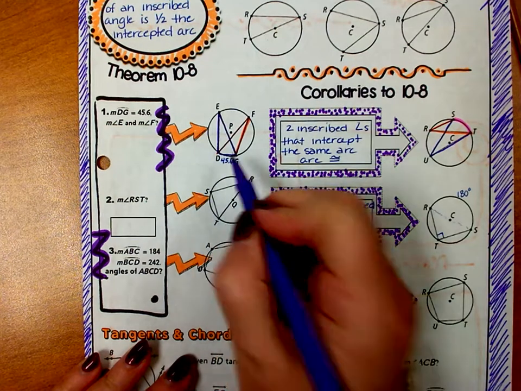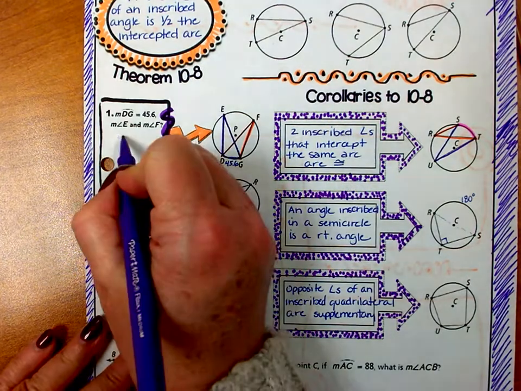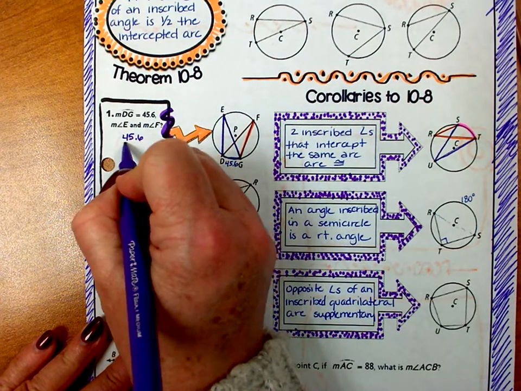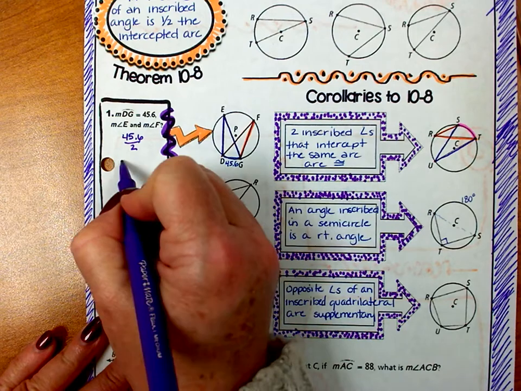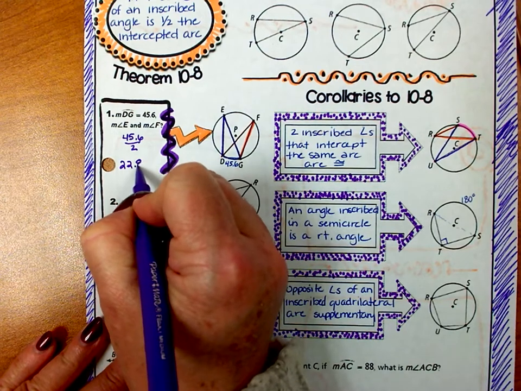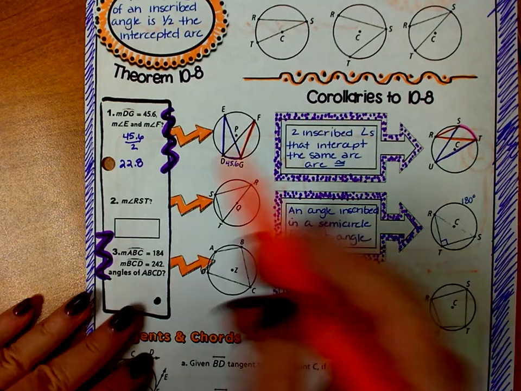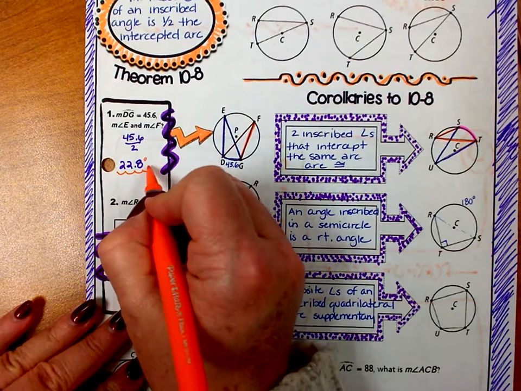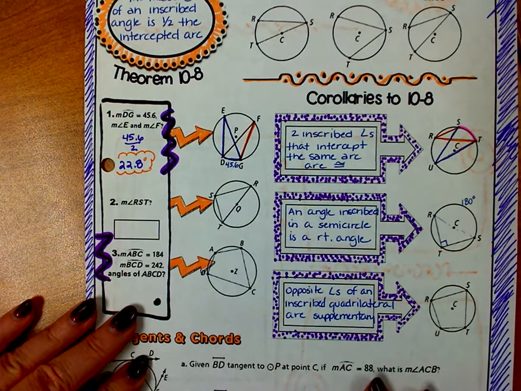Both of them intercept this arc. So if we take 45.6 and divide it by 2, we're going to end up with 22.8. So both of those angles are 22.8 degrees.